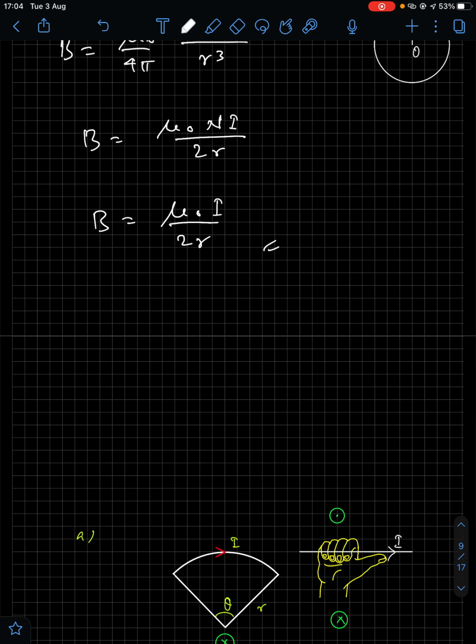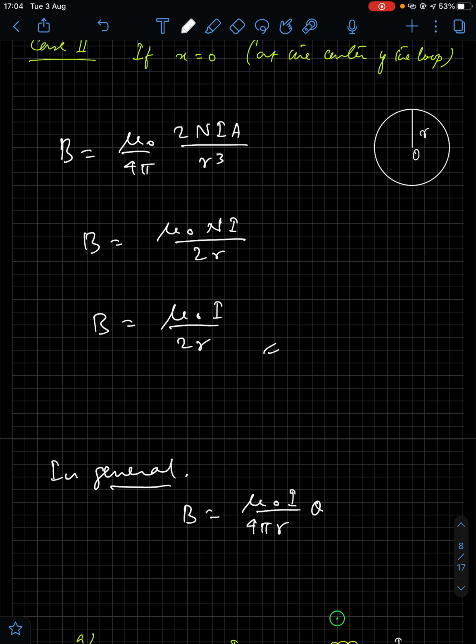Now in general, the above relation can be written as B is equal to mu naught I by 4 pi R into theta. Let's check one thing here. This relation can be obtained from this relation.